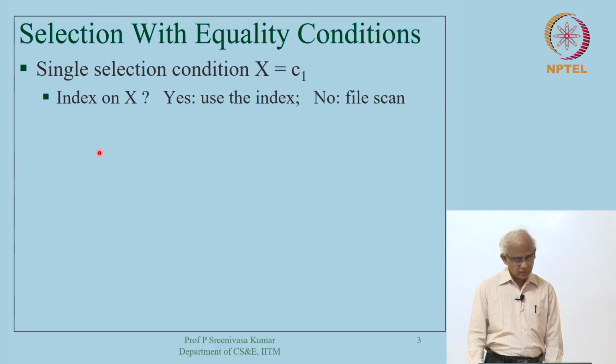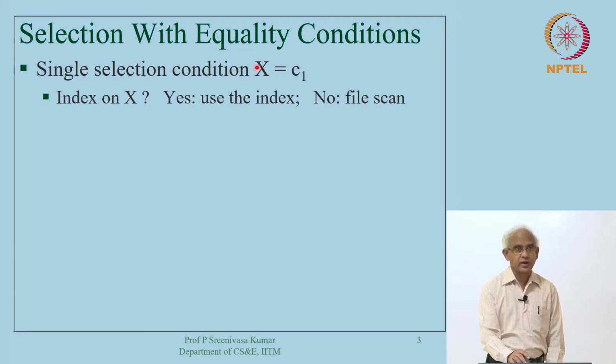Okay. Now, let us start with simple selections. Let us focus on selection where the condition can be on some attribute x equal to some constant. In general it can be another attribute or a little complex expression, etc., but let us just focus on the simple condition where the selection attribute is equal to some constant.